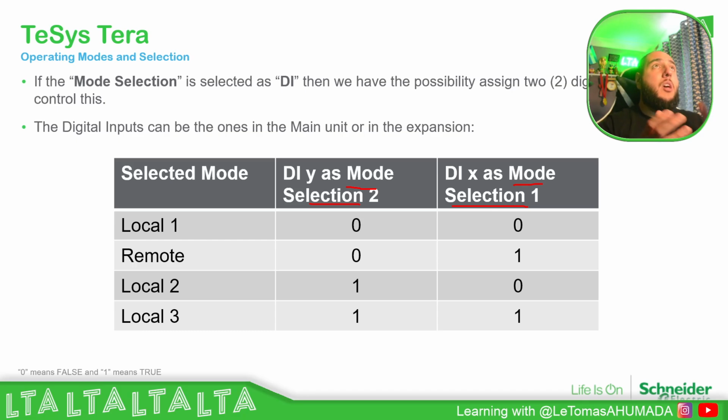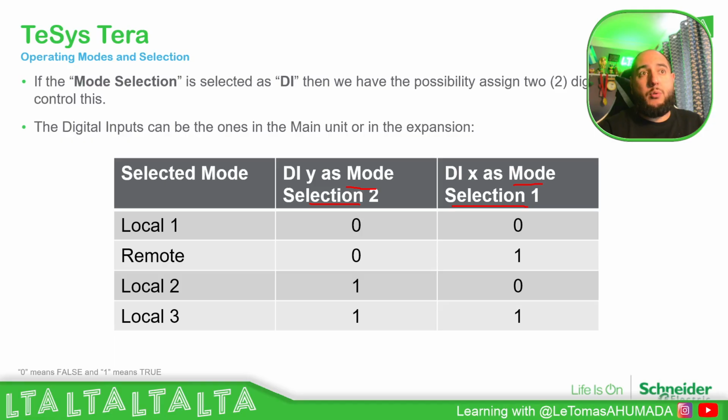Imagine that you want to control this always from the PLC, so this is going to be at 0. Imagine that you have a PLC and you have the local IO. In that case, you can have this one only. And when the PLC dies for any reason, you can have a switch on the front of the panel for the TeSys Tera, and when that one is true, the source for the start and stop will be the one located on the remote side.